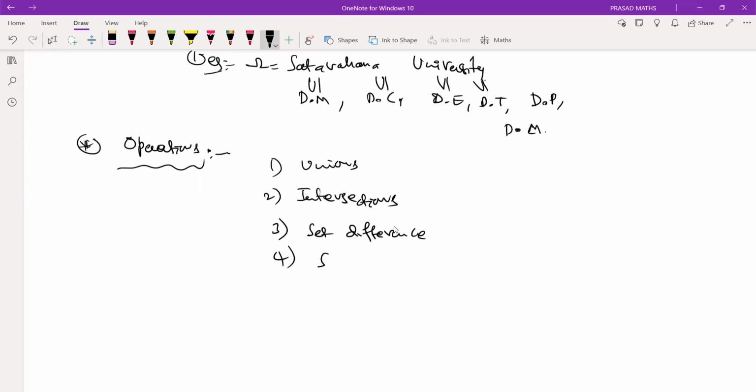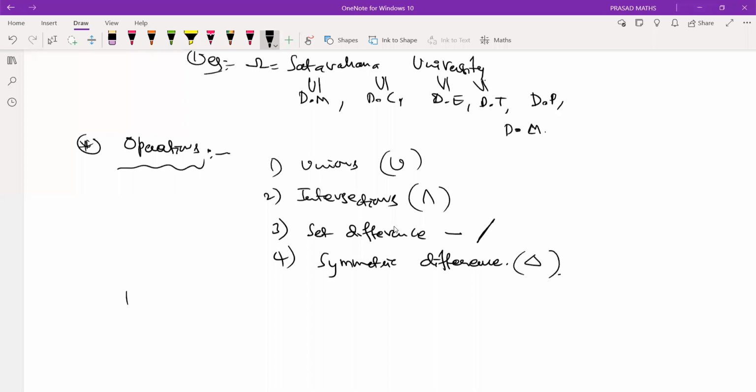One is symmetric difference. Right? So for union, generally we use this notation, the cup symbol in LaTeX. This is the intersection notation. This is symmetric difference. This is nothing but set difference. In some books, A minus B, we denote it like this. In some standard textbooks, we can use the slash notation. This is my set difference notation.